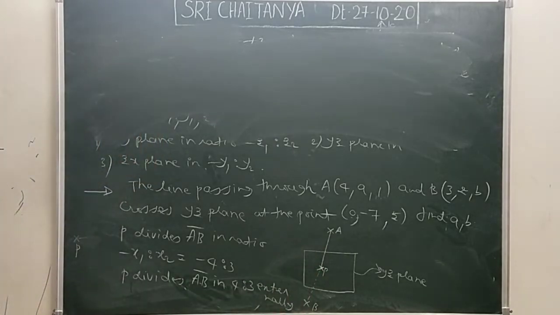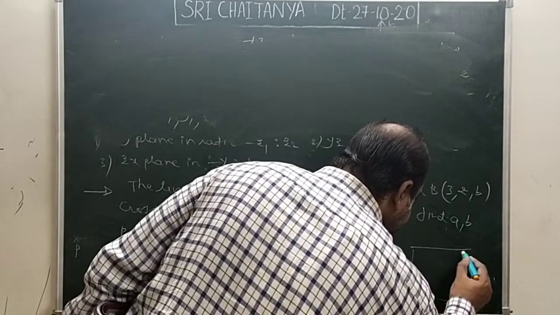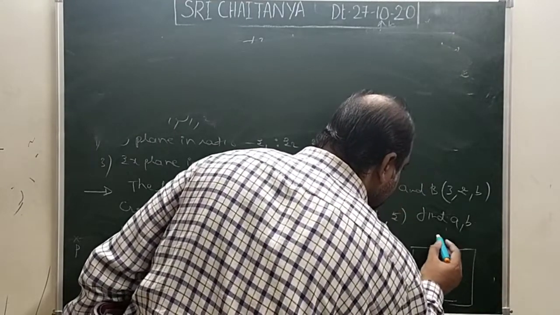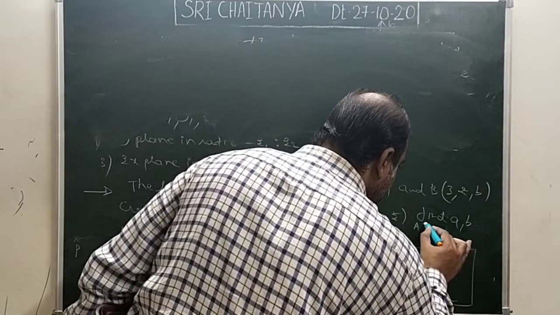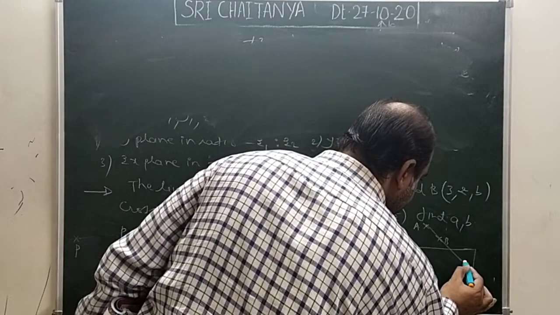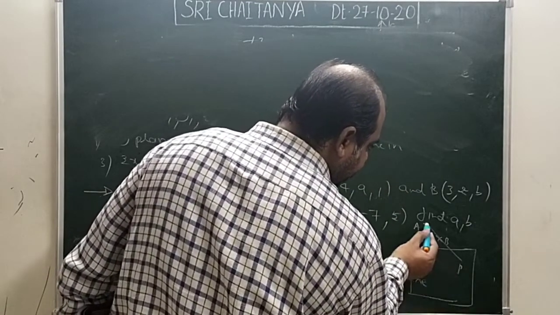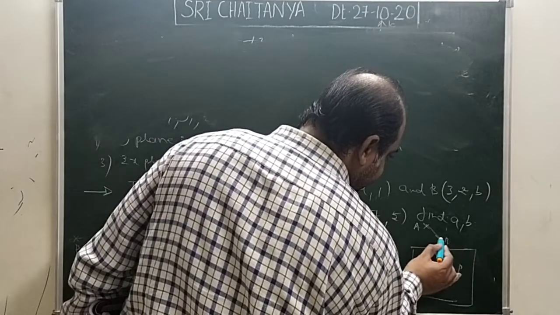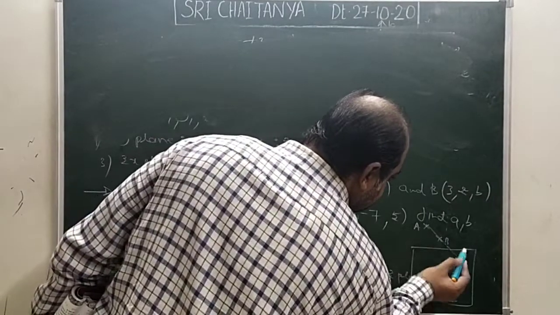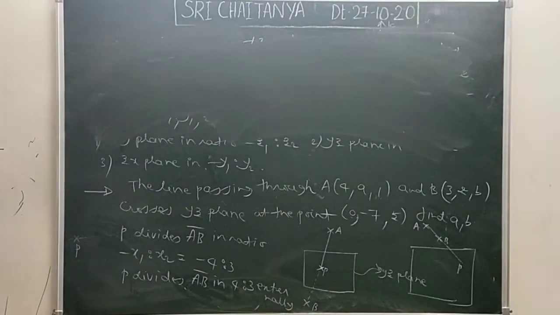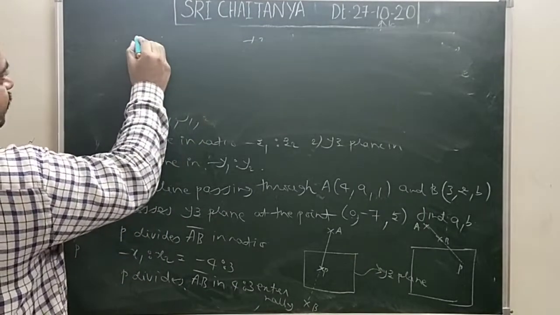Of course here A and B will be on the same side, like this: A, B, and P. Dividing externally means that the line joining AB, if extended, will meet at P, that point you want. That means P divides AB externally in the ratio 4 is to 3.